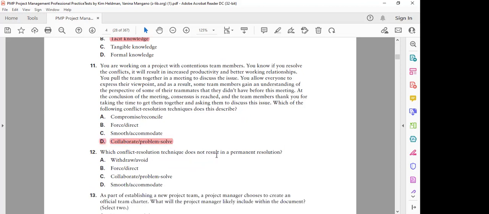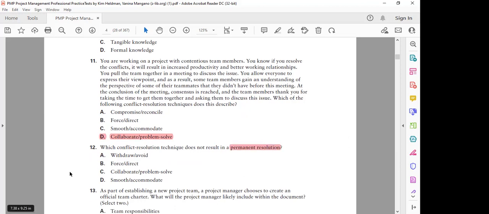Question number 12. Which technique does not result in a permanent solution? Which means it provides partial solutions. So it cannot be C because it provides a full solution. So yes, only Miss is correct.